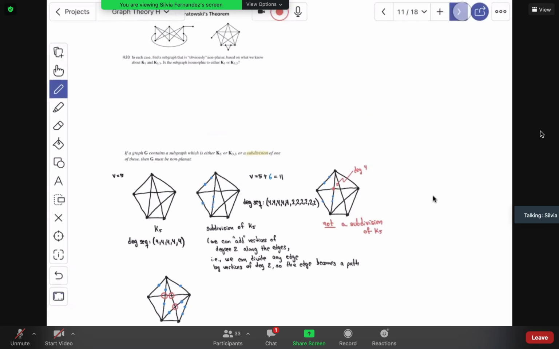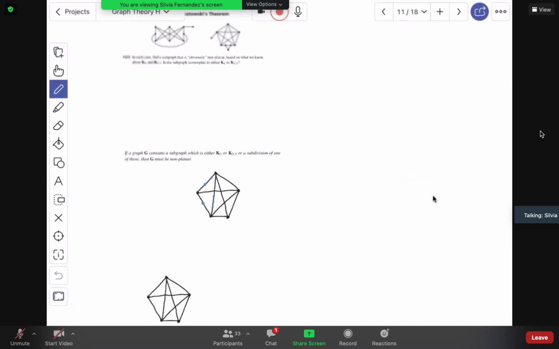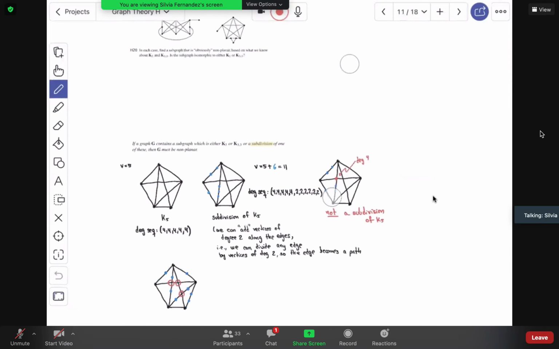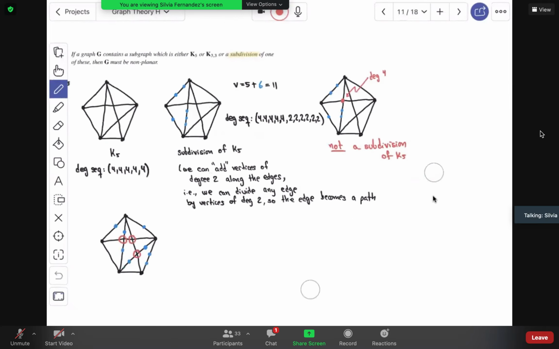And Kuratowski's theorem says, okay, I also put it here.